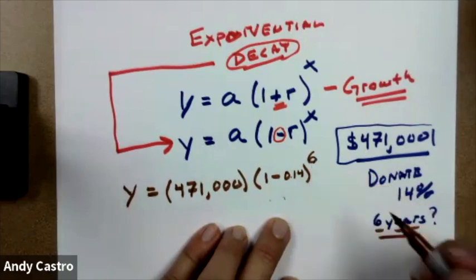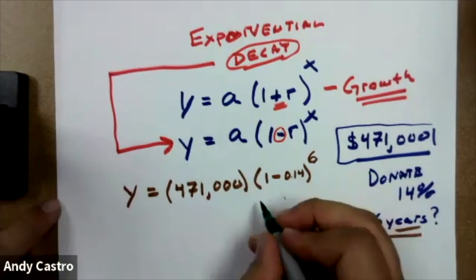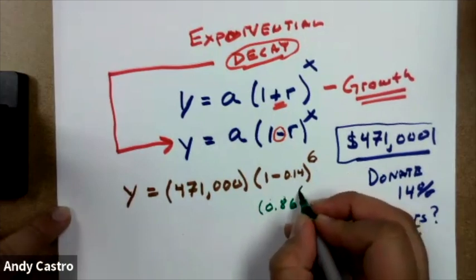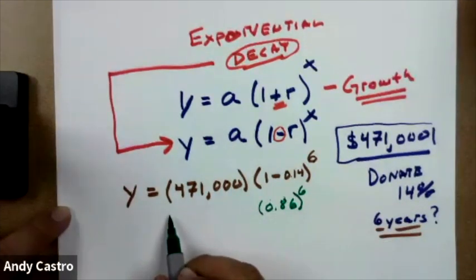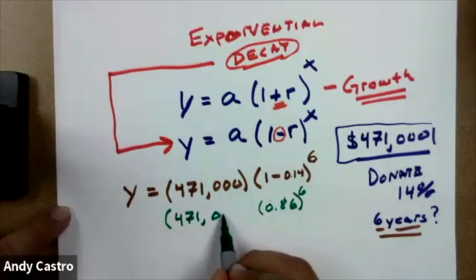Okay. So 1 minus 0.14, that's the first step here. That's going to give us 0.86 raised to the sixth power. And this will be the same, 471,000.